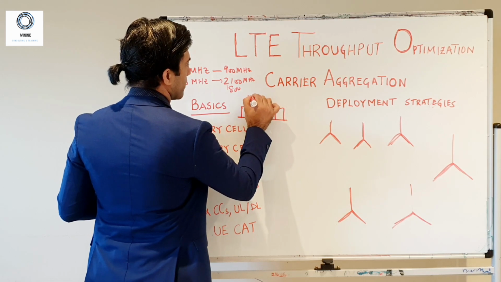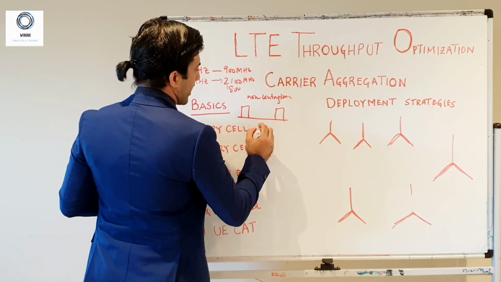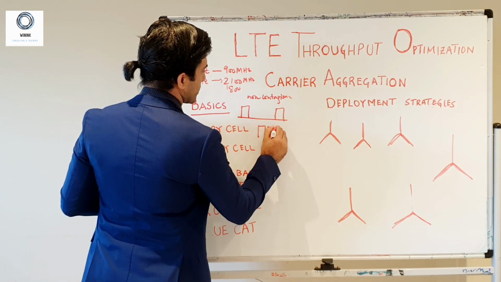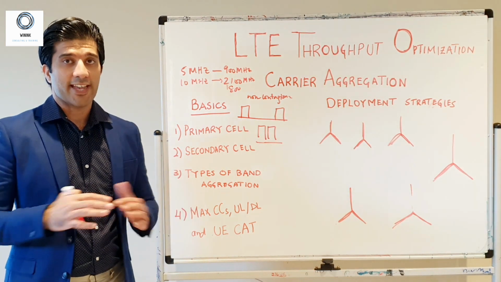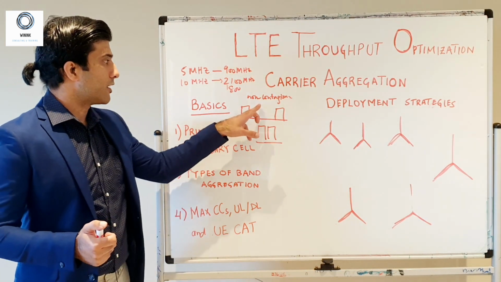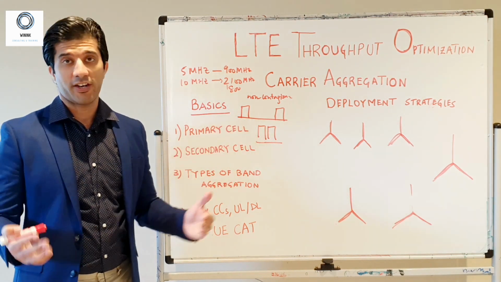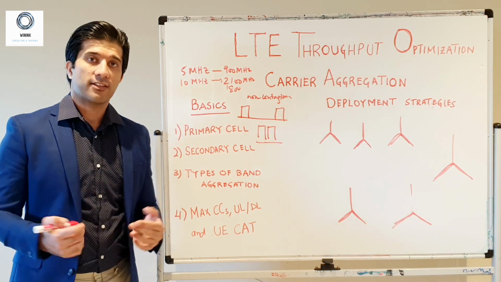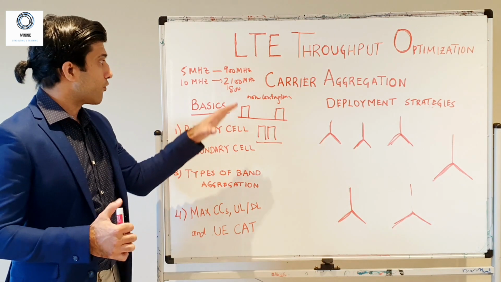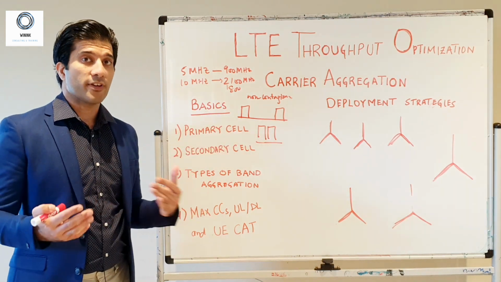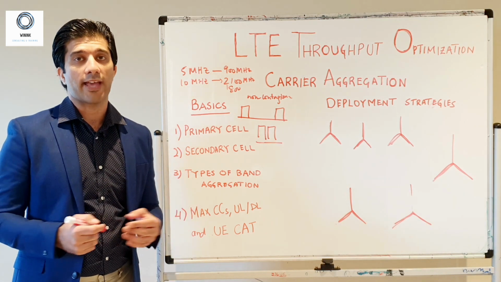So these are non-contiguous, and if the bands are close to each other, these are called contiguous bands. Within the same band, we can have intra-band contiguous aggregation and intra-band non-contiguous aggregation. And then the third type is inter-band carrier aggregation. For inter-band, for example, we are aggregating 700 and 1800, that is your inter-band carrier aggregation.